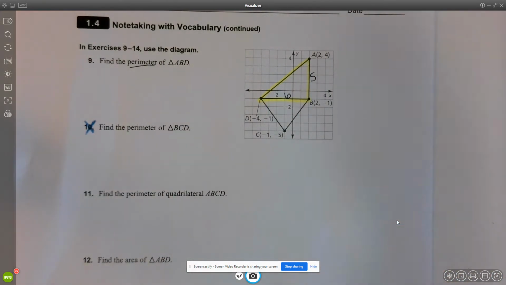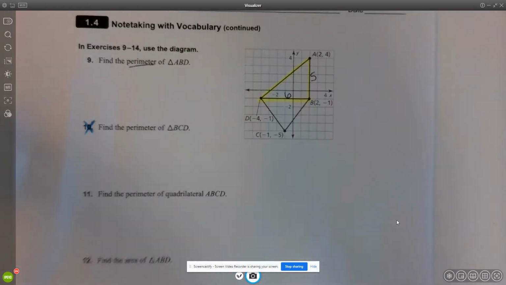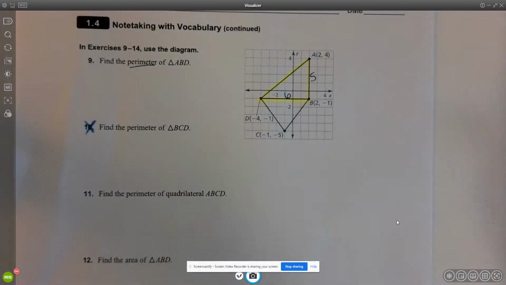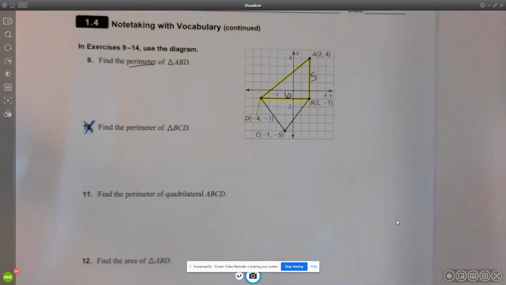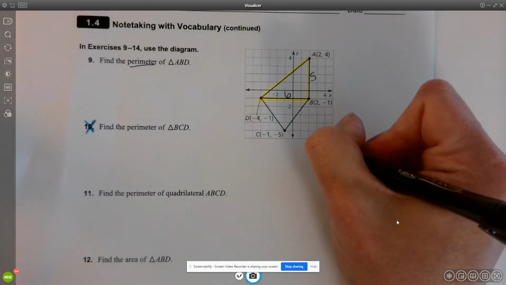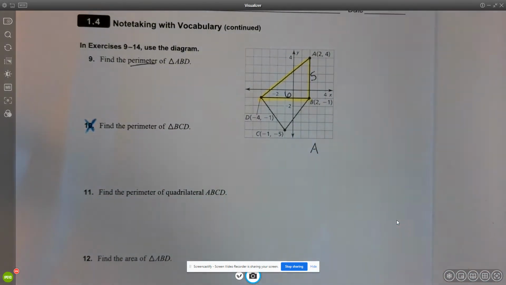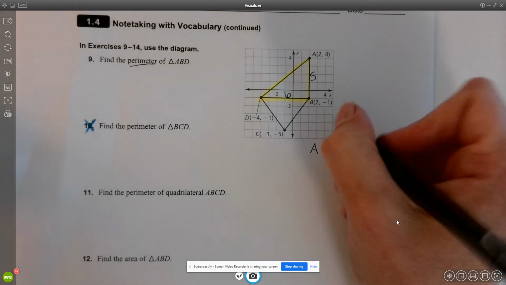And so I'm just going to put my work off to the side of using the distance formula to find AD, because I might need it in another question. So I'm going to make sure I put down my work so I can have it for my other questions on the page.